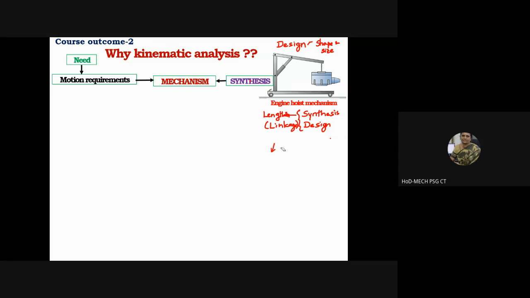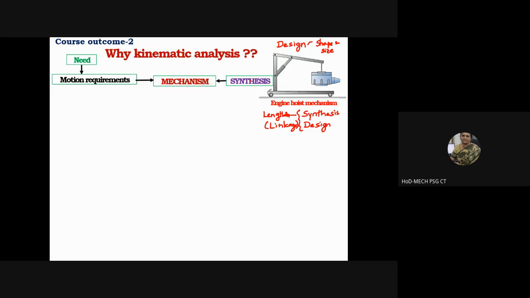So all of these are special mechanisms. Mechanisms can be classified as linkage type of mechanisms and cam, gears, cam follower, and so on. When I say synthesis, the term is particularly applicable to linkage type of mechanisms where we decide on the lengths of various links only, based on motion requirements. But if this hoisting mechanism is to lift an engine, which would have considerable mass, then these different links should be able to withstand the forces acting on the system.